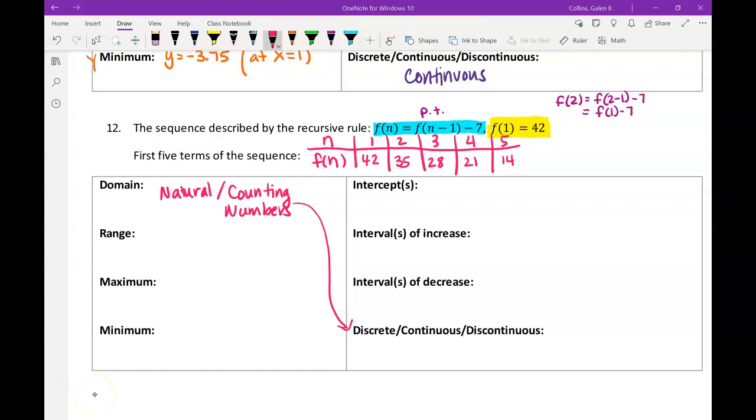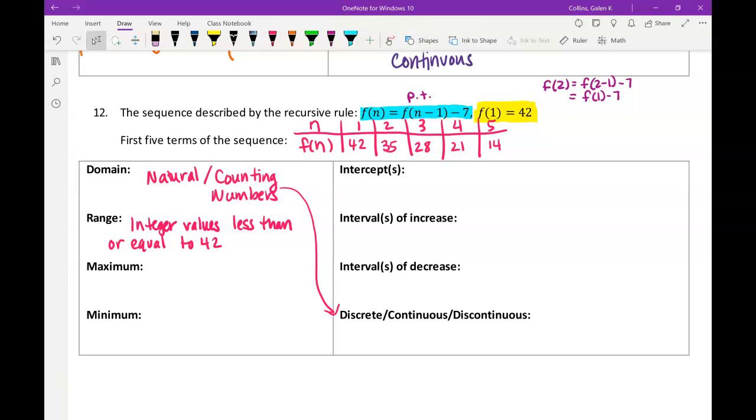So I'm not going to use set builder notation here, but I'm going to say my range, I'm always going to get integer values. So I'm going to say my range are going to be integer values that are less than or equal to 42.